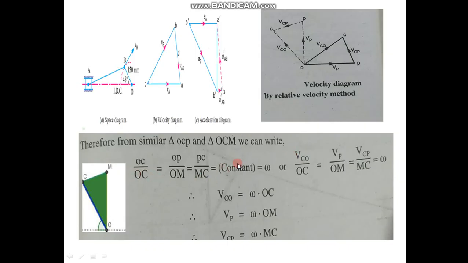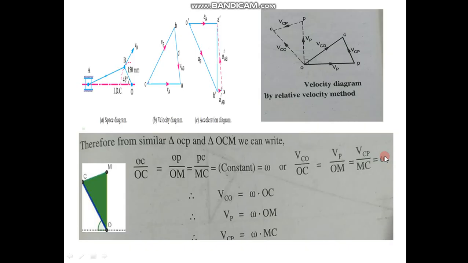But how much is the constant? The same term is written here. OC represents velocity of the crank, and so velocity of connecting rod, velocity of piston, velocity of crank is equal to omega. Why omega? Remember, in the first term, velocity of C with respect to O upon OC is nothing but V equal to R into omega, that is angular velocity of crank, which is known to us.